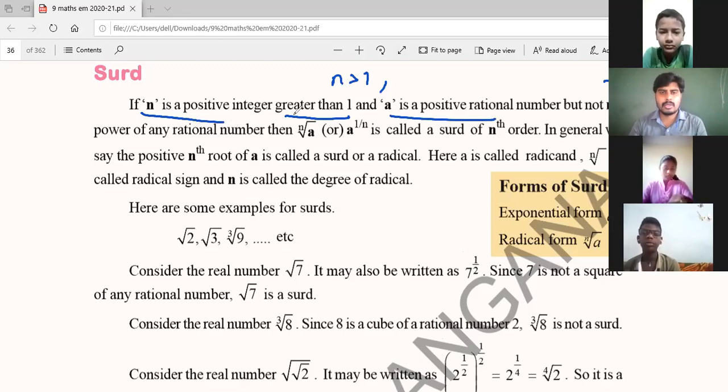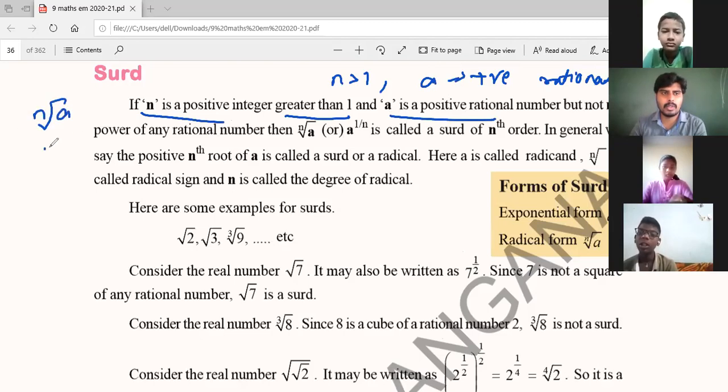Okay. So, take a as a positive rational number. So, what is he saying? Nth root of a, or a power 1 by n, is called a surd of nth order. What is called? Surd of nth order.